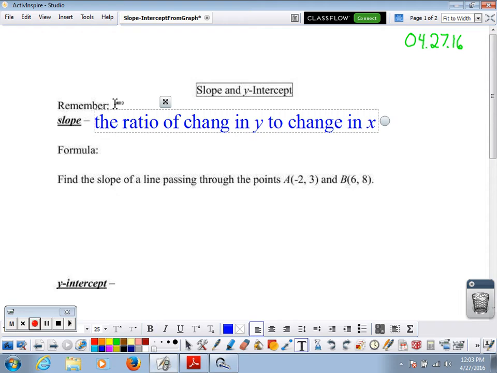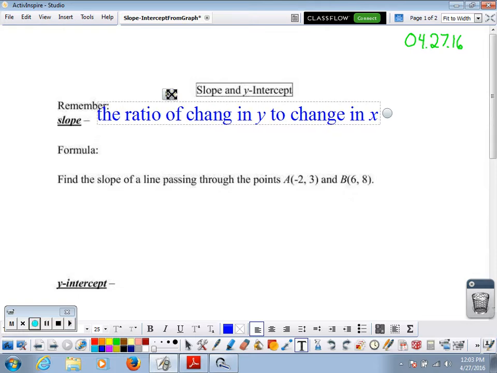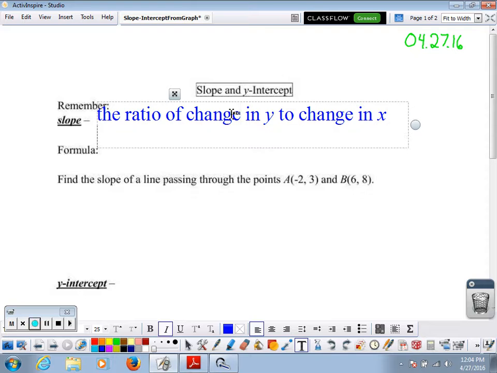Maddie's right, we did talk about how it measures the steepness of a line, but we want to have a more algebraic approach, rather than a simple understanding. There was also a little trick you could use to remember what slope is: rise over run.